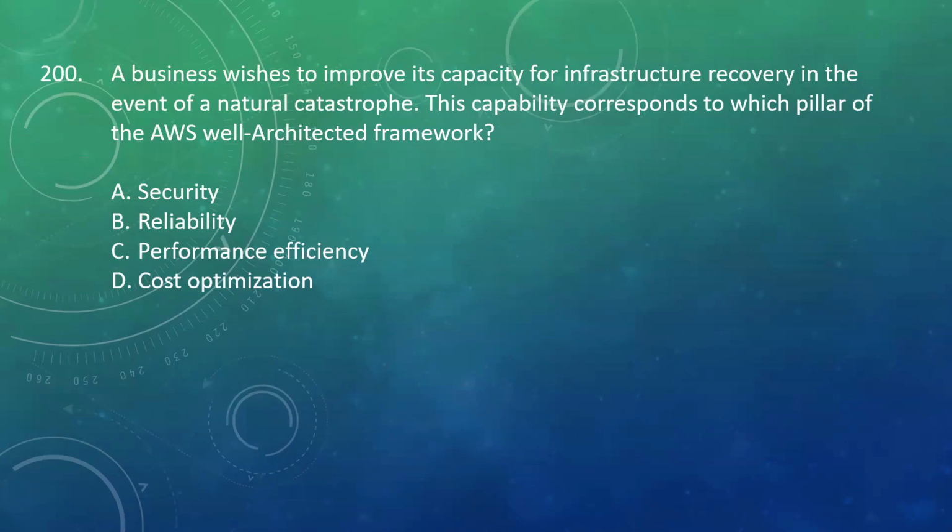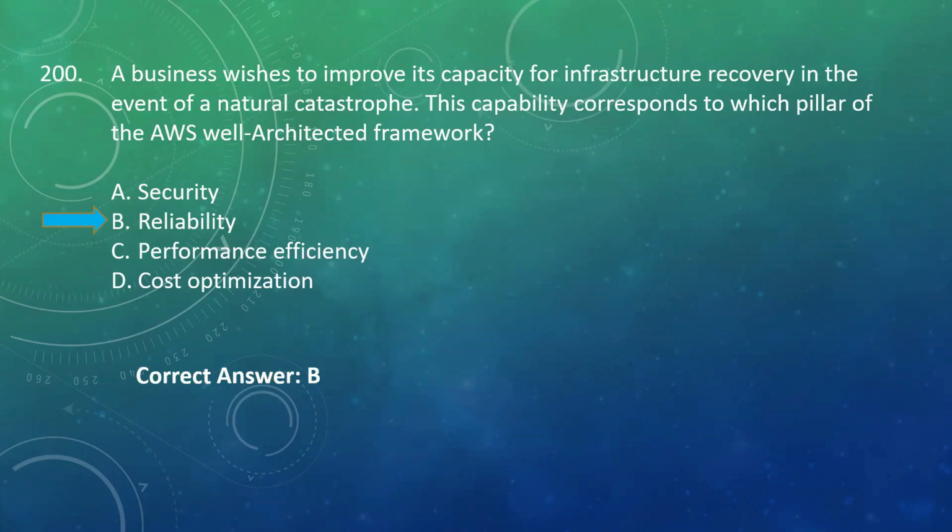The capability to improve infrastructure recovery in the event of a natural catastrophe corresponds to the reliability pillar of the AWS Well-Architected Framework. Reliability is all about ensuring that your system can recover from failures, including natural disasters.